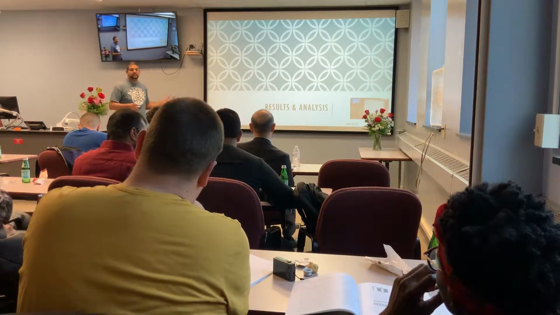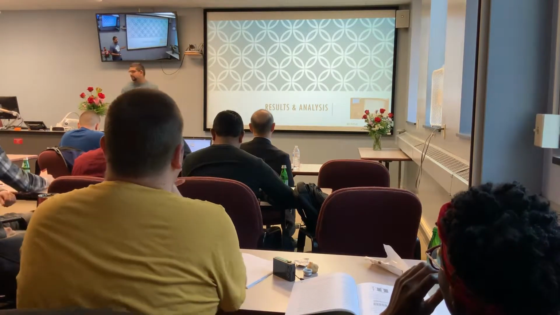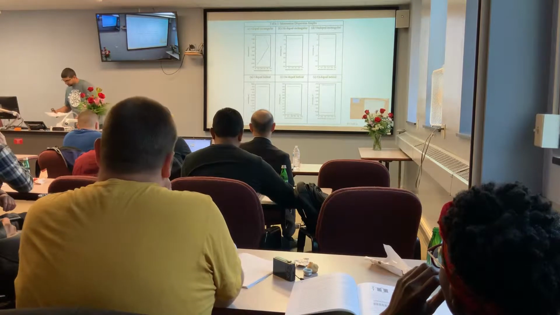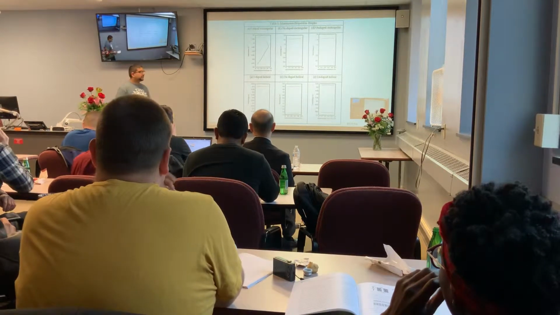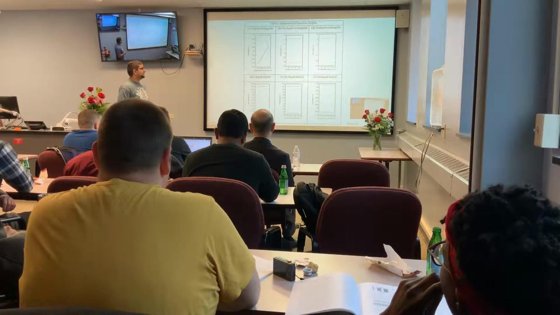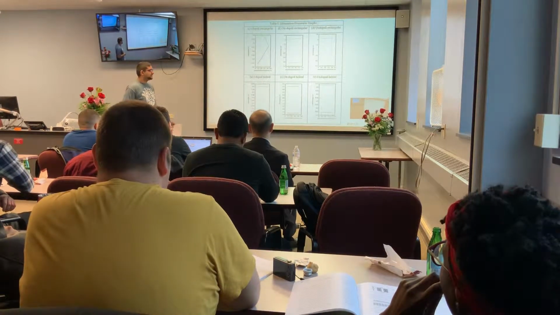Now for the meat of my presentation, which are the results and analysis. The first thing I have here is momentum dispersion, band energy on the y-axis, momentum on the x-axis.